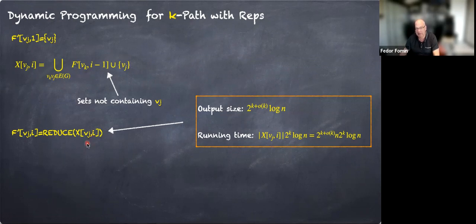I take the set X of Vj and i, and I use the representative set algorithm to reduce it. So this is the representative set of the set X. I'm doing the computation in two levels: update, reduce, update, reduce.